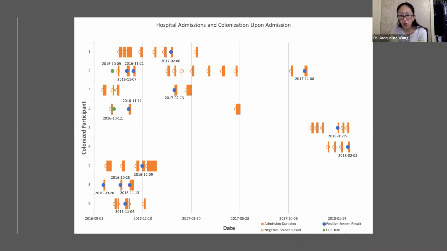And then for patient 4, their next swab was 30 days later, and they had a positive colonization identified. Patients 2 and 8, you can see, had a number of blue dots, so they were found to be colonized on numerous admissions. And from these 2 patients, we found that colonization lasted either less than 7 days or possibly up to almost 2 months, depending on which patient we were looking at.